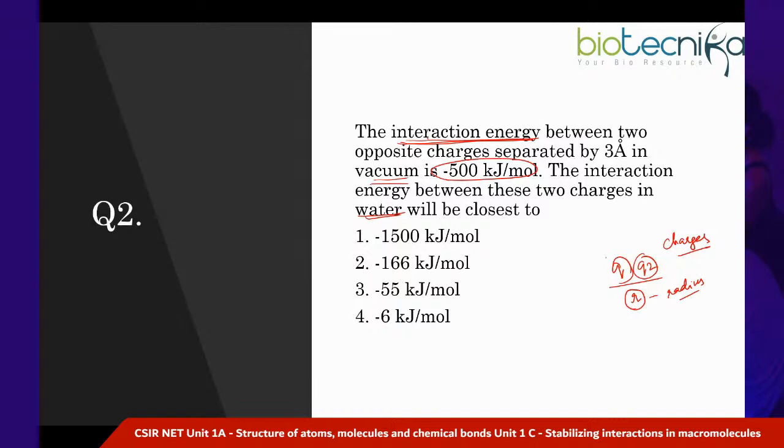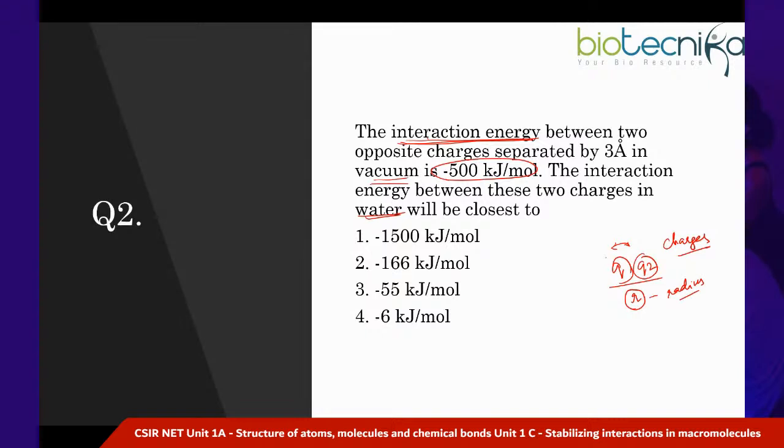Others, evening batch students, and any other students who are attending, at least you can take a guess. What is the energy between two opposite charges? Will it be more in water or less in water? You must be aware of polar and non-polar molecules, isn't it?